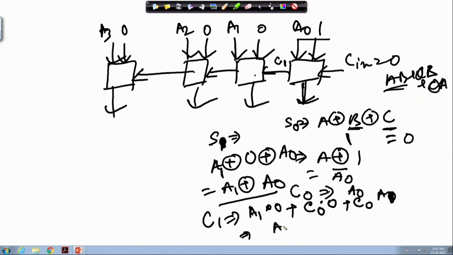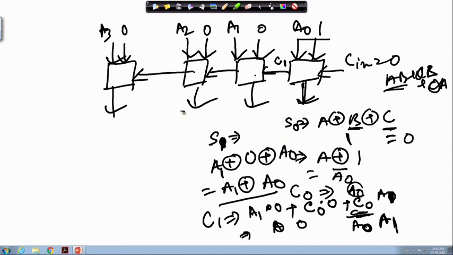So, now this is 0, this is 0, and C0 is A0, so this is not bar, this is A0 into A1.